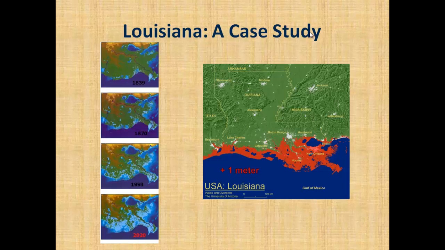And they discovered that there's been a major shift in the Mississippi River, and this is significant to the demise of the wetlands.